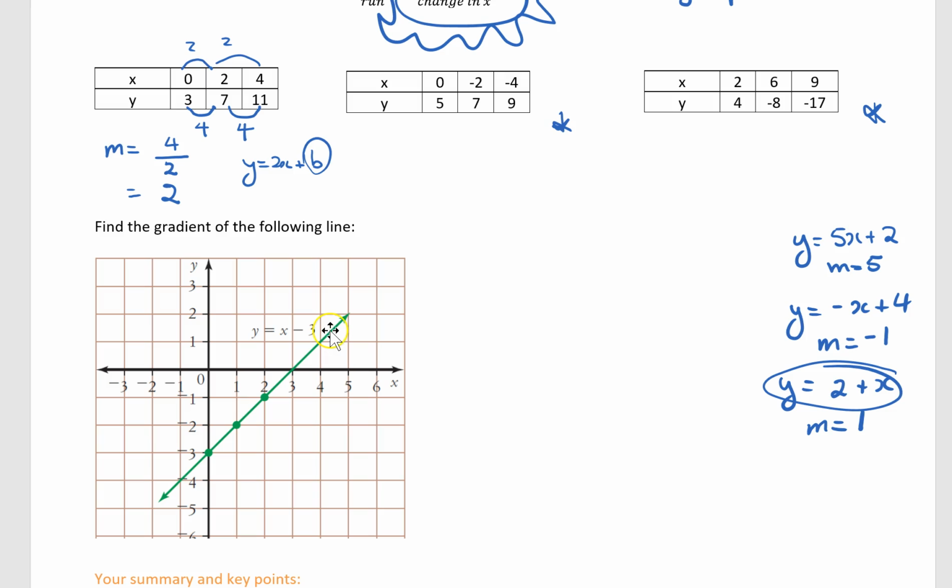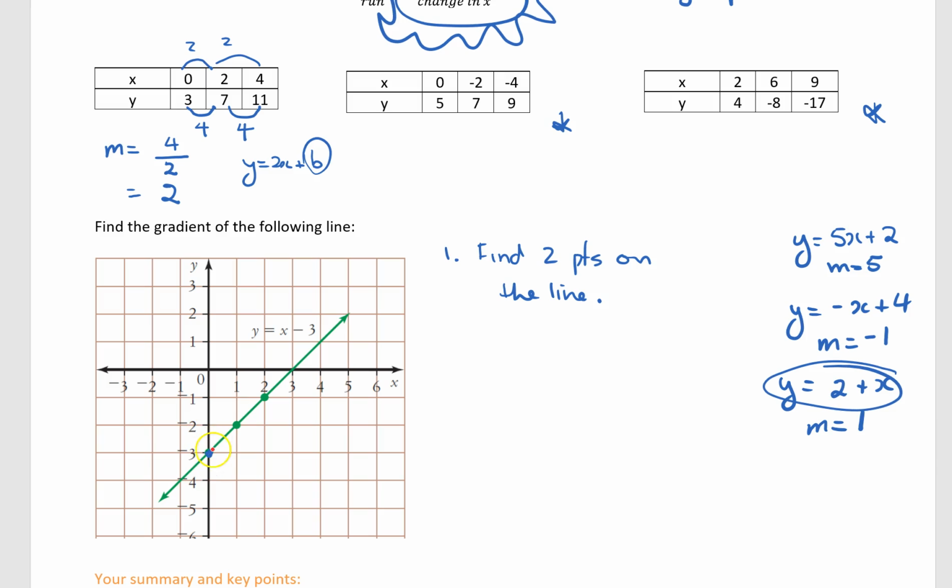Now, to find the gradient, when we've clearly been given a graph, the process that you need to follow is 1. you find 2 points on the line. Now, it's made a little bit easy for you here in this example because you can see the point here.